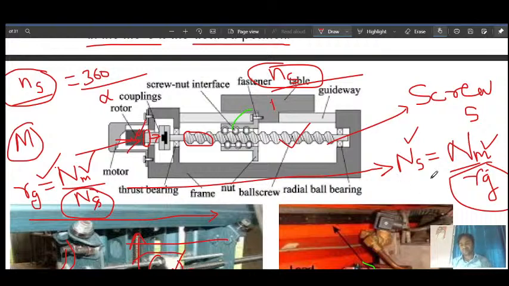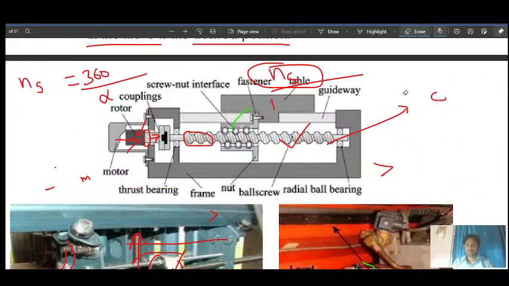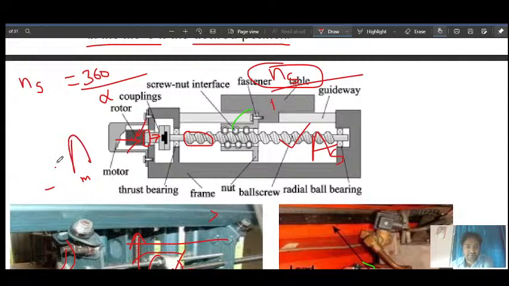The same way, AS is the angle rotated by the lead screw. Please note down all this. AS is the angle rotated in the lead screw, but what we are getting is AM in the motor. Due to gear reduction, the Rg value applies.